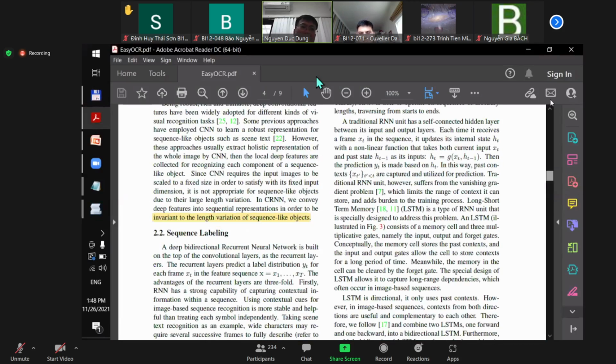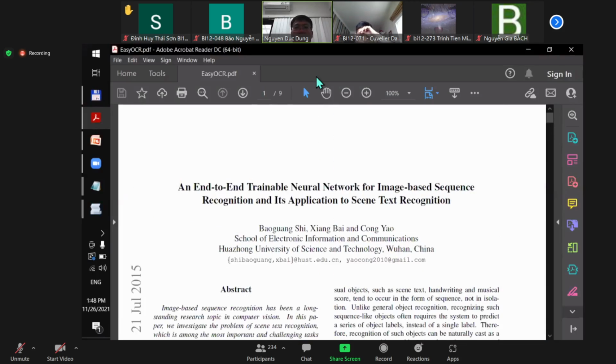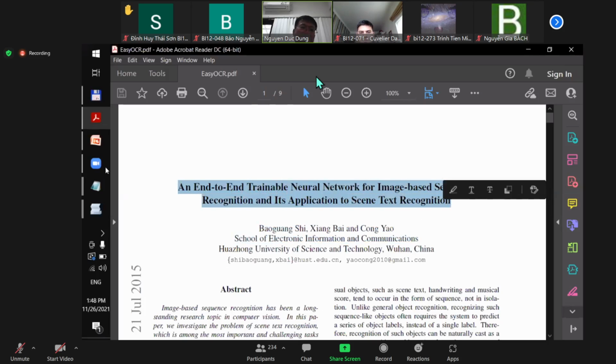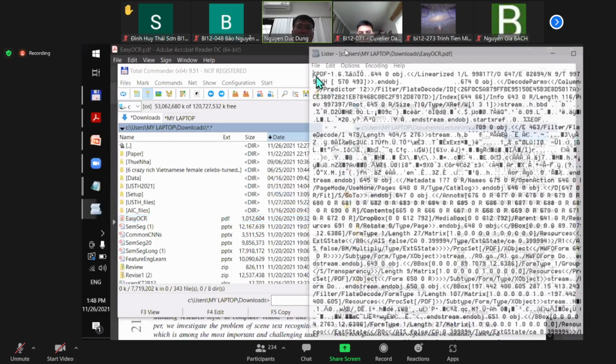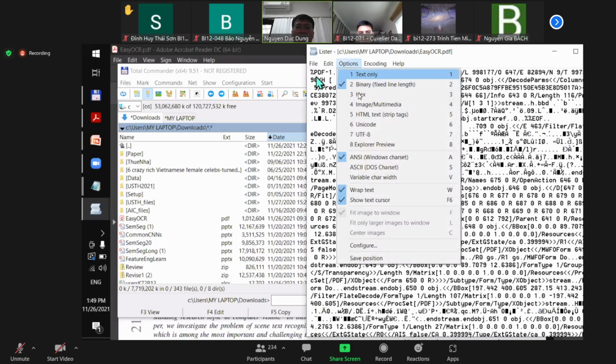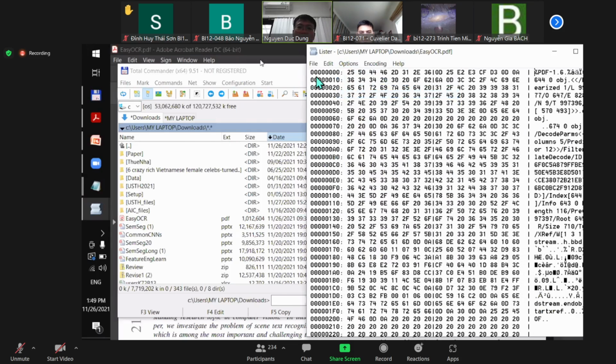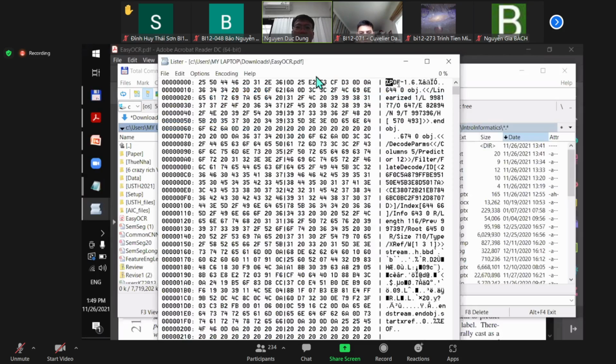We got the document, but this is what we see, and the actual content is hexadecimal. The first bytes in every PDF file are the signal percent PDF with the version of the PDF file.